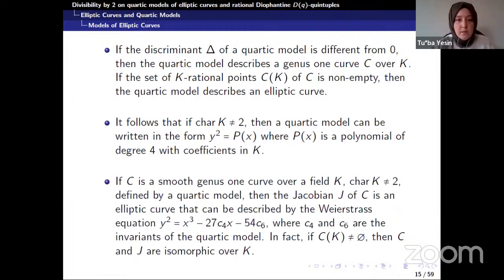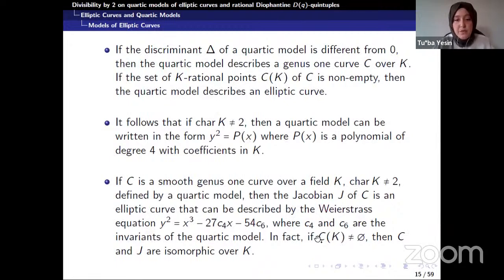And one more thing, the relation between this quartic model and the Weierstrass model. If C is a smooth genus 1 curve over the field K, the characteristic of K is not 2, and C is defined by a quartic model, then the Jacobian J, this abelian variety of C, is an elliptic curve that can be described by the Weierstrass equation, which is here, where c4 and c6 are the invariants of the quartic model.